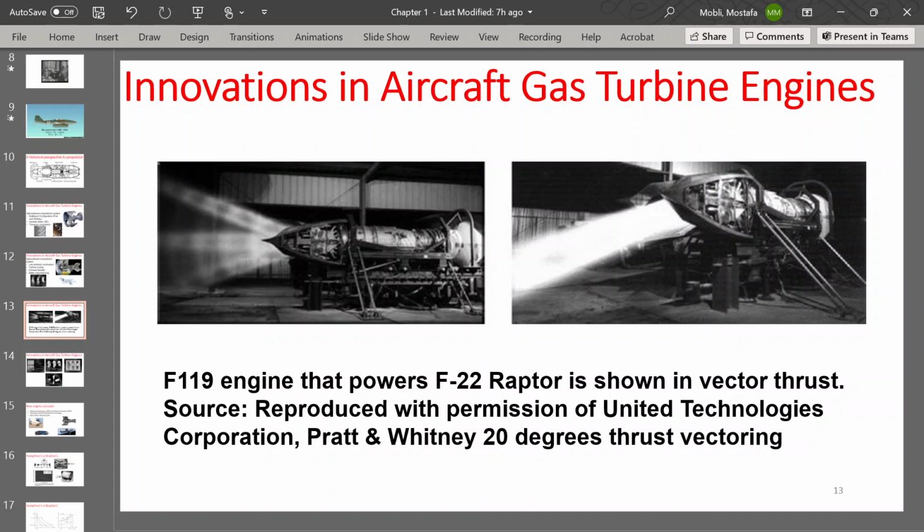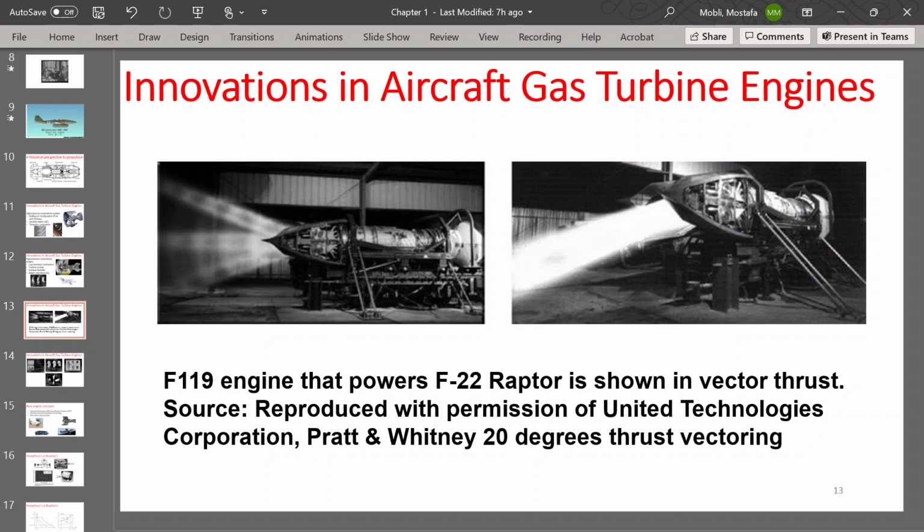Also, the design of the exhaust nozzle has changed dramatically. This part has contributed to a lot of innovations in the flight mechanics of a plane itself. A specific example that is always interesting to me and to the students is thrust reversing and also thrust vectoring.